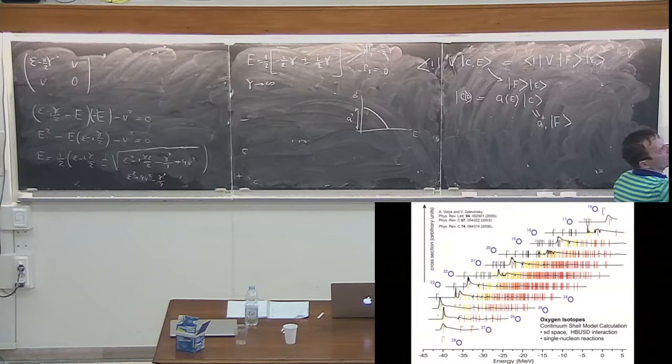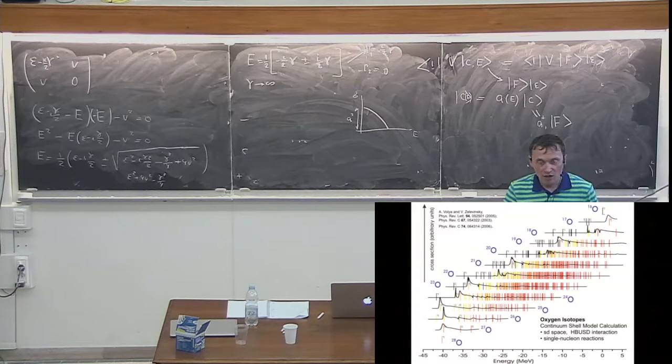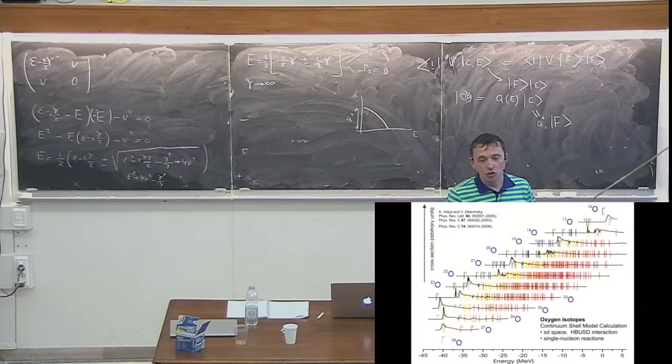And you see various resonances here. The color shows the broader states. Eventually all these states are very broad. This curve shows, of course, only the cross-section from the ground state. But all channels are open. So you can understand that this is a very complicated problem.